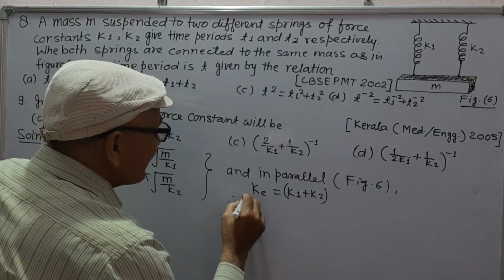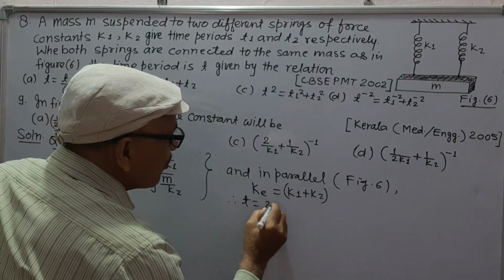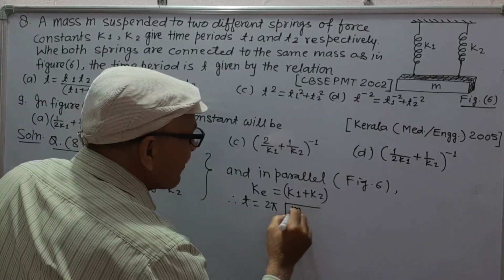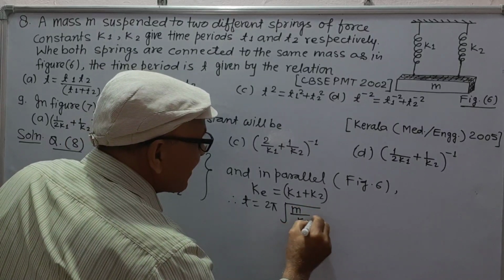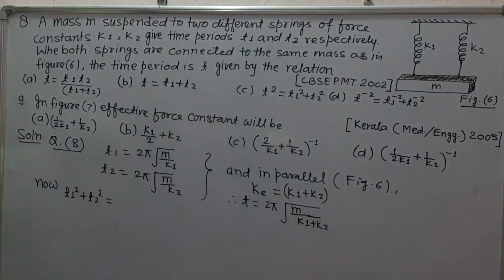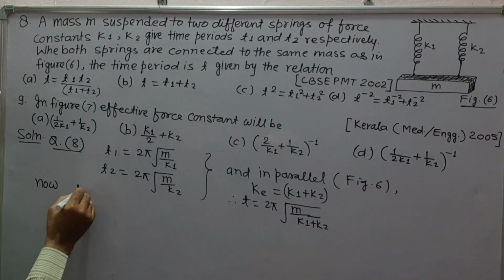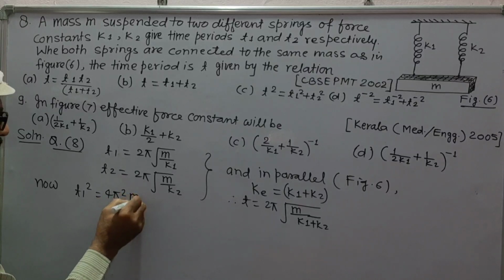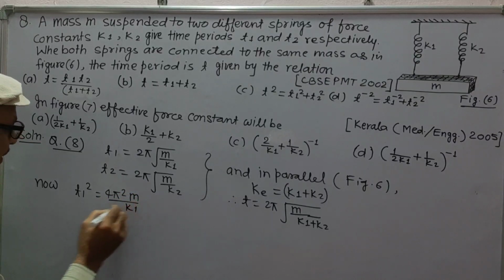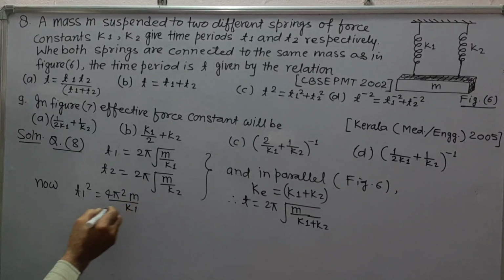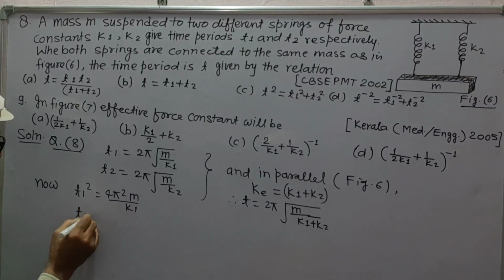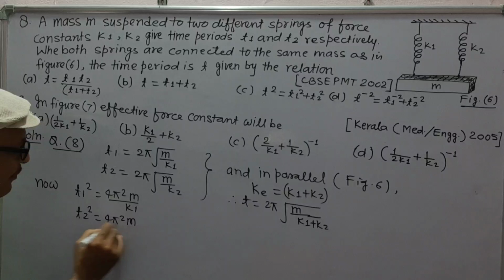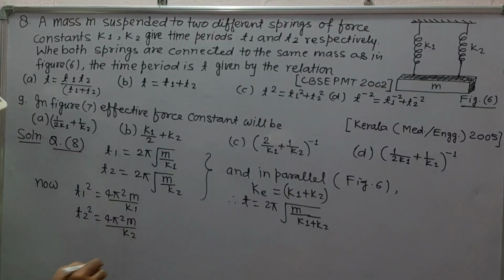Therefore, T will be equal to 2 pi under root m upon K1 plus K2. Now, T1 square is 4 pi square m upon K1. T2 square is 4 pi square m upon K2.